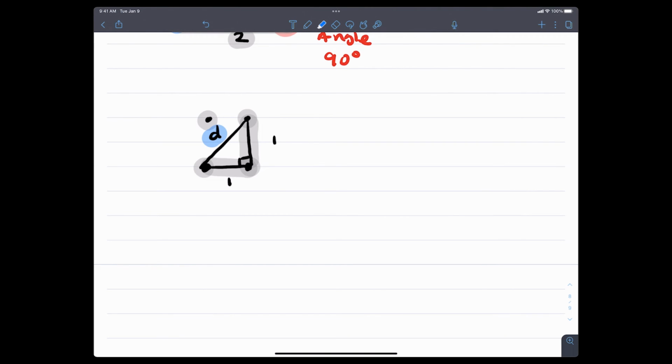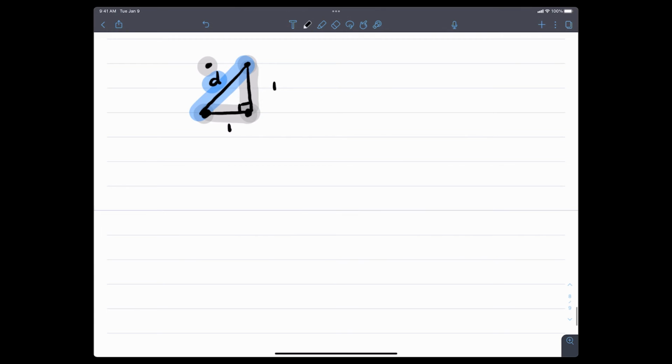So what's that diagonal distance? How did you get the answer square root of 2? You guys remember? You got a very famous theorem. Pythagorean what? Theorem.